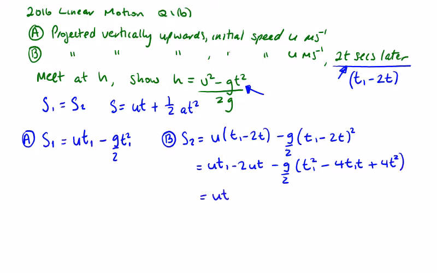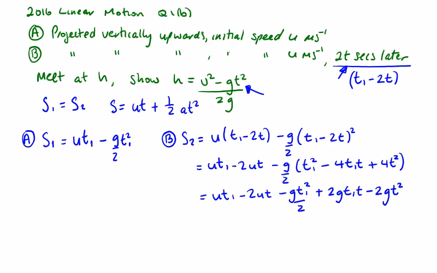Tidying this up, we're going to get ut1 minus 2ut minus gt1 squared over 2 plus, well, the 2 and the 4 will divide, so plus 2gt1t, and again the 2 and the 4 will divide, and we're going to get a minus 4gt squared over 2, minus 2gt squared.